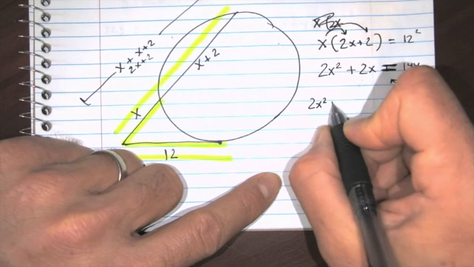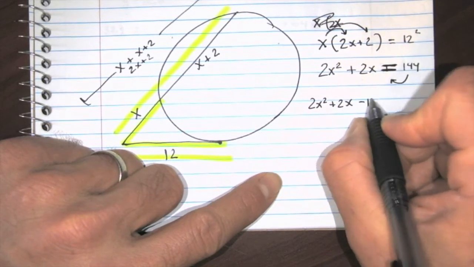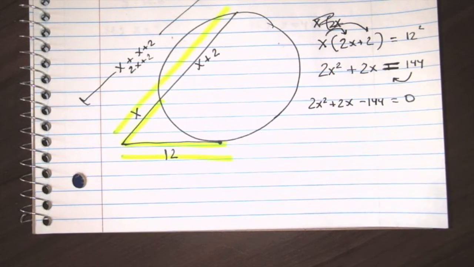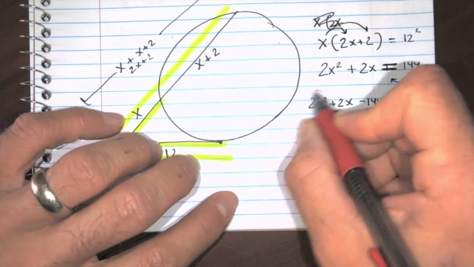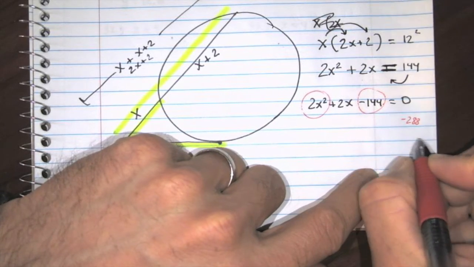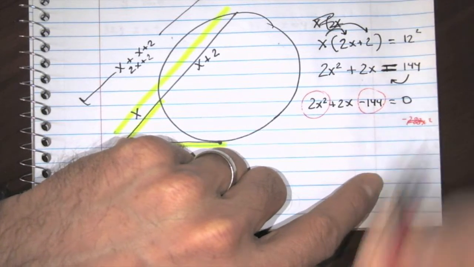It's going to give you 2x squared plus 2x minus 144 equals 0. Okay, ladies and gentlemen, I'm clapping. Let's factor. I'm excited. That's why I'm clapping in my house. I'm excited to factor. Let's factor, folks. Now, let's help you out a little bit. Don't multiply the first and the last together. You're going to get a negative 288, and that's just a big number, and just don't do that.